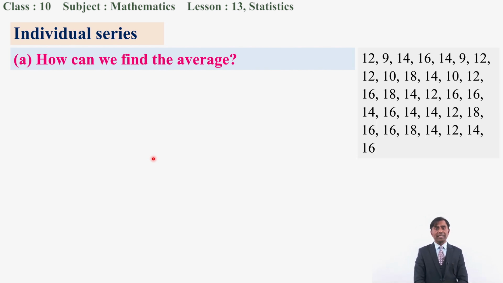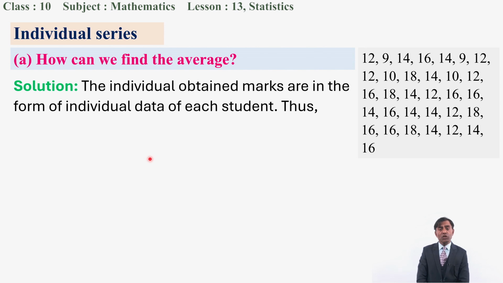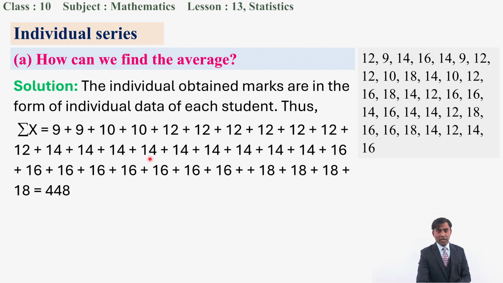Look at the given data here, and the individual marks obtained by each student are given here. So if we have to find mean, we have to find the sum of the given marks. It means the sum of the given marks means all marks total. That is called summation of x.